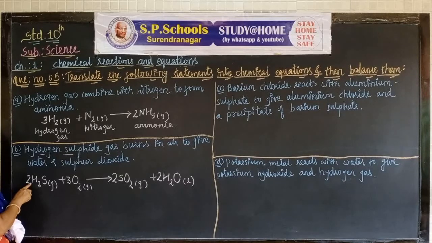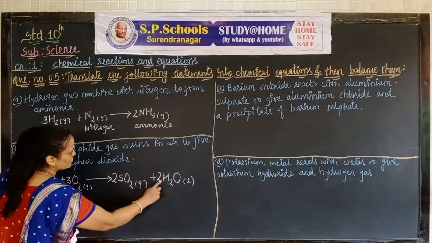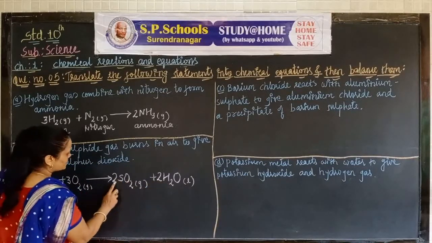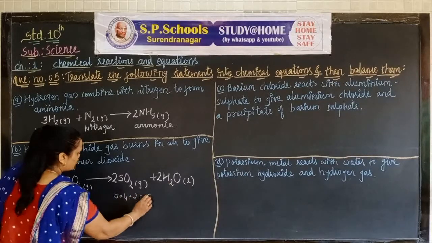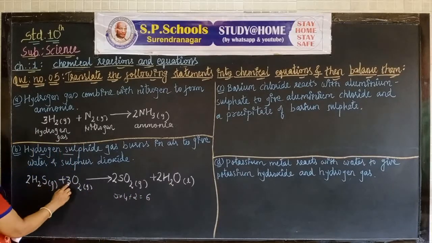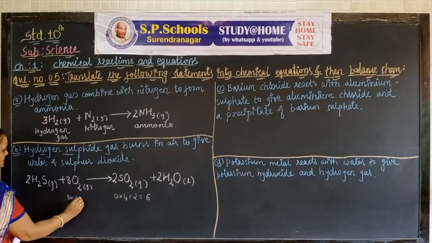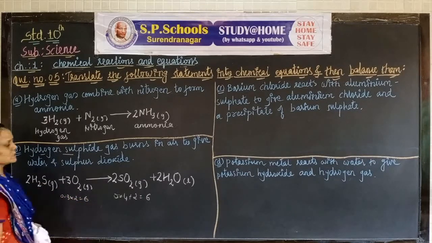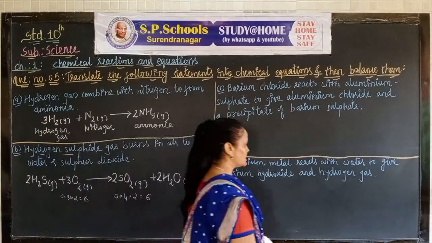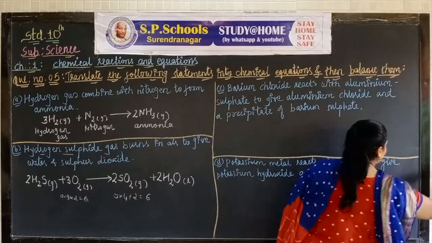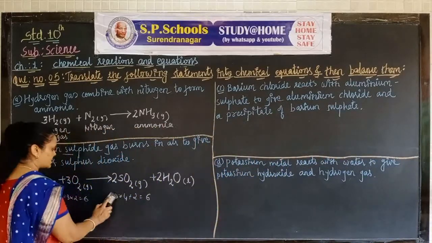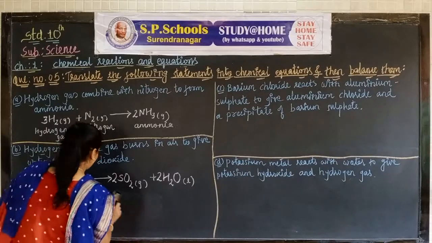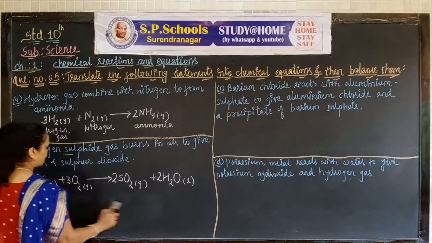Atoms of hydrogen are 2, 2 2s are 4, sulfur 2, here sulfur 2, 2 2s are 4 hydrogen, oxygen 2 2s are 4 plus 2 means 6, here oxygen 3 2s are 6, so the oxygen is balanced. You have to try to learn yourself to balance the equation. It is an easy process, not hard, but practice balancing equations.